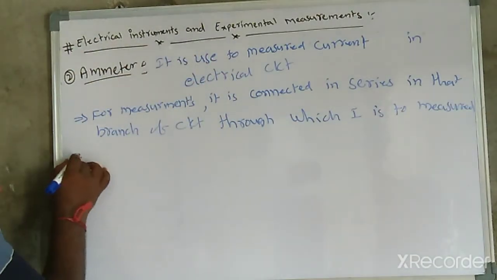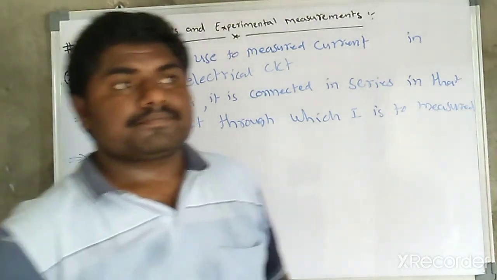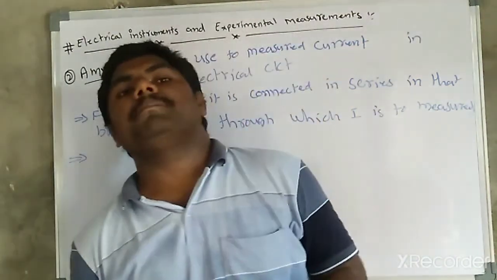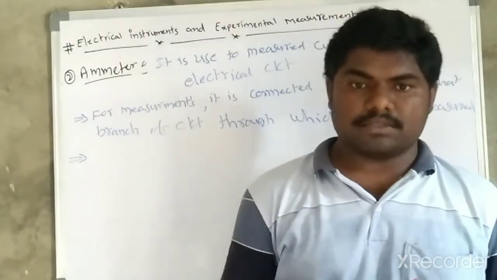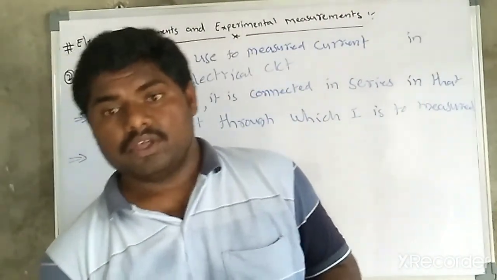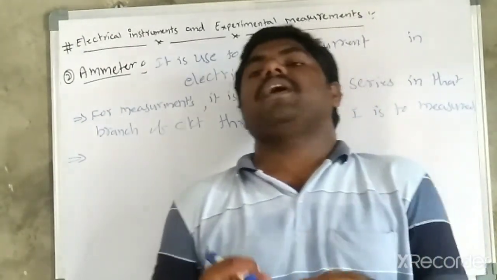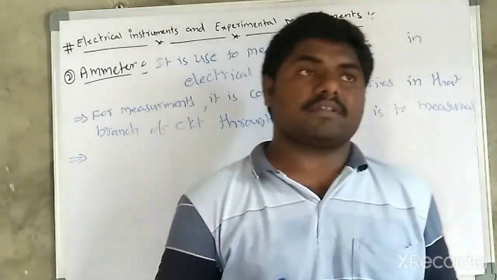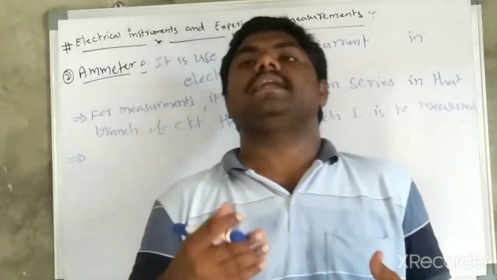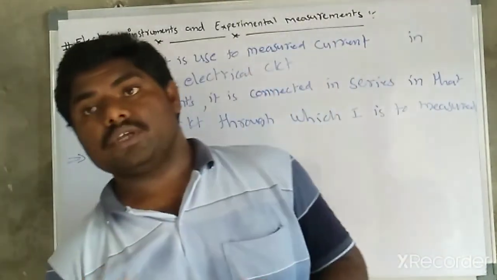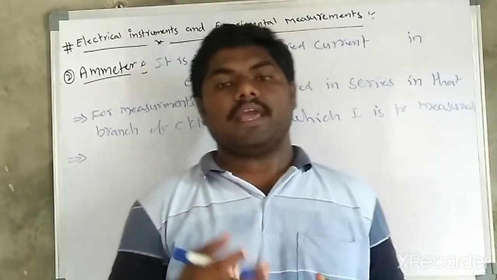Now the next important point: for an ideal ammeter, the internal resistance becomes 0. For a lab ammeter, some variation in current is always produced when it is used in a circuit.